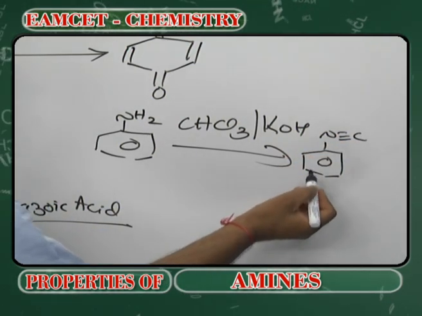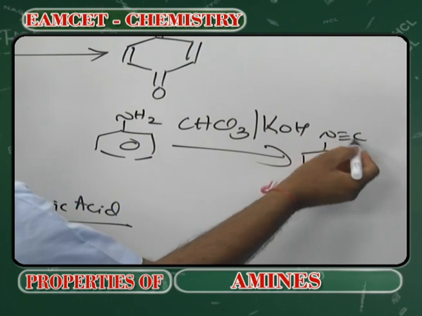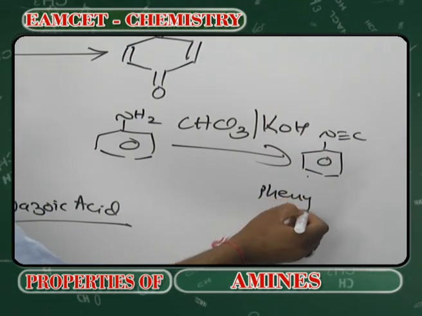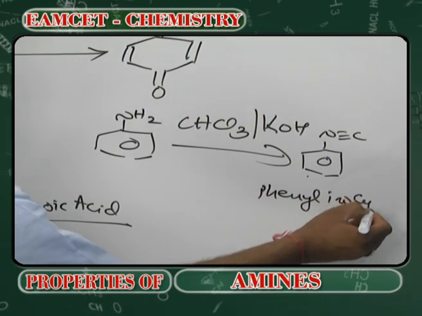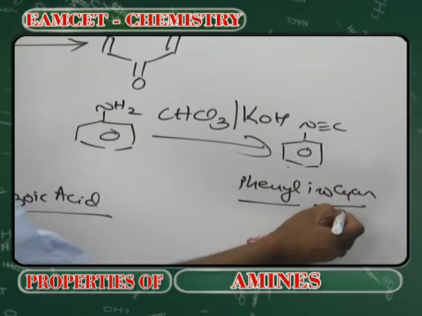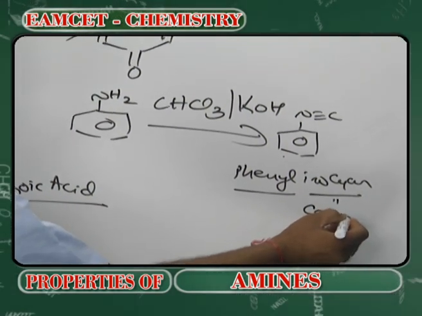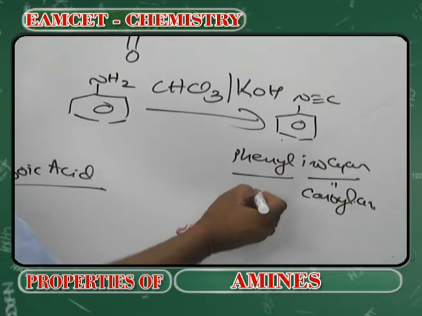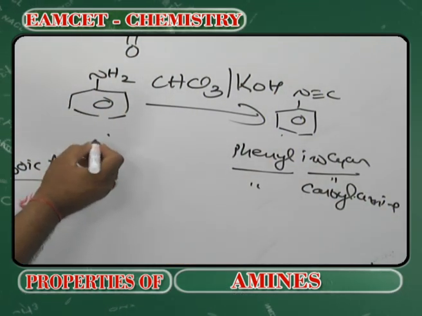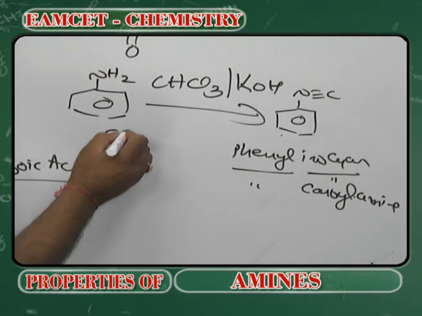This is called phenyl isocyanide. CN is cyanide, NC is isocyanide. This is also called phenyl carbylamine. The reaction is known as the carbylamine reaction.